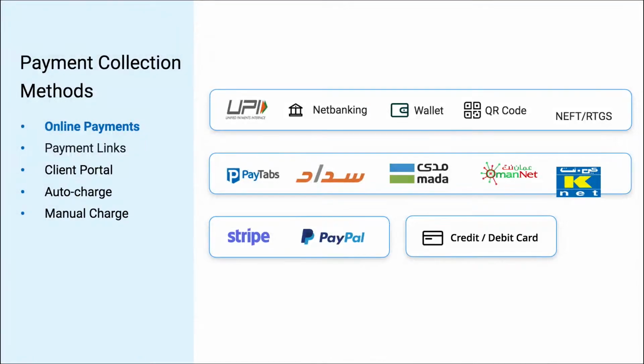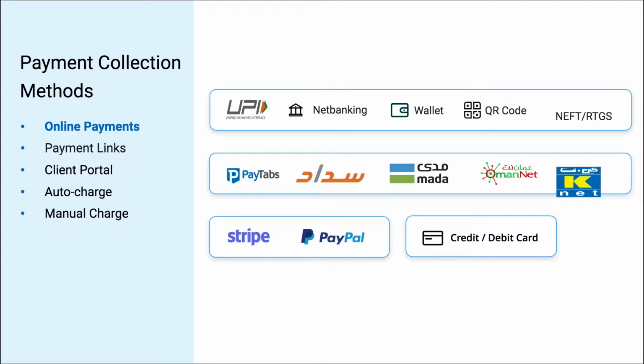If you have integrated with a payment gateway, which we will see how to integrate with later in the session, it becomes easier for you to collect payments. With Zoho Books, you have multiple options that you can provide as a payment method to your customers to complete their payments online. We also have a payment gateway for each region, and you can easily integrate with the payment gateway that's available for your region.